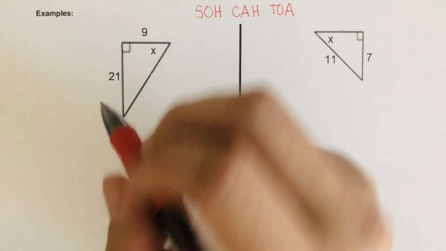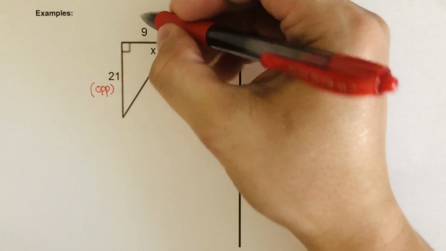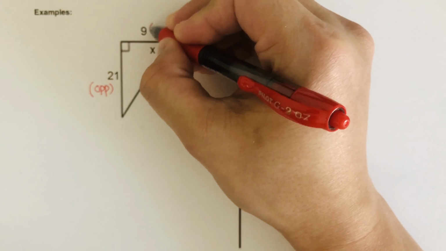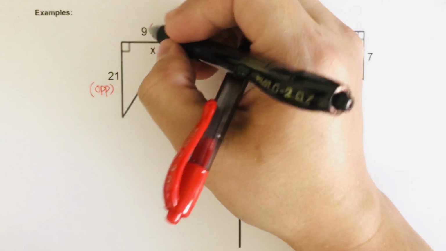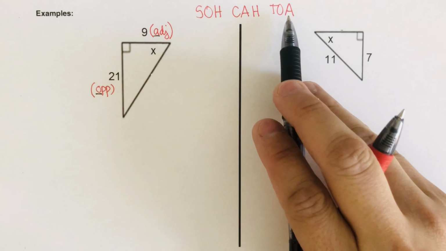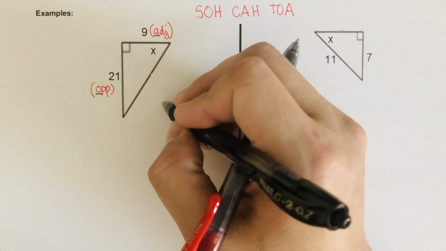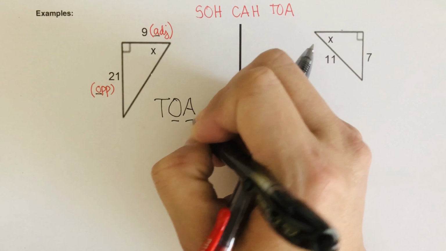This 21 is the opposite side, so I label it as the opposite. The 9 is the adjacent, so I label it as the adjacent. Adjacent and opposite is TOA, so I'm going to use the TOA.